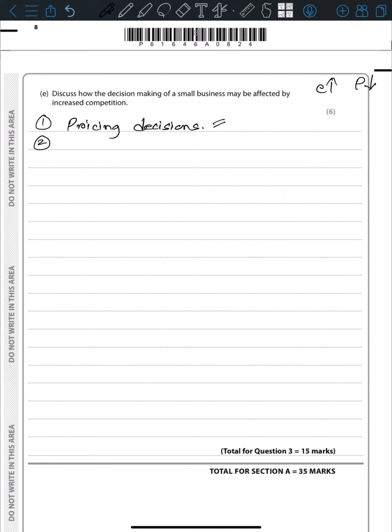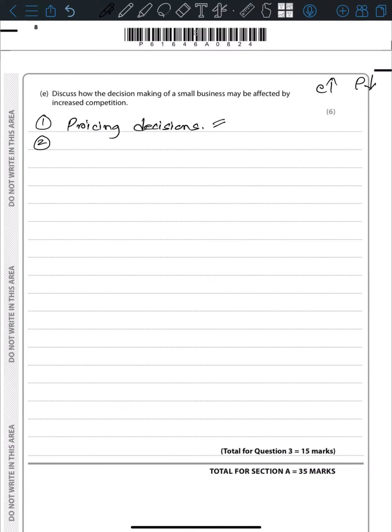And the second point is, if we are thinking about location, firstly, an increase in competition in one area will make me more prone to risk if I situate in that area.